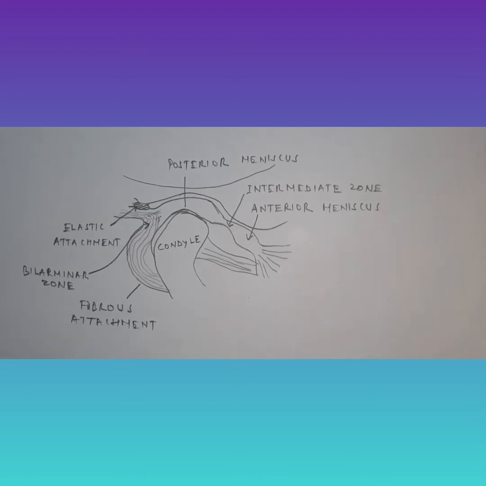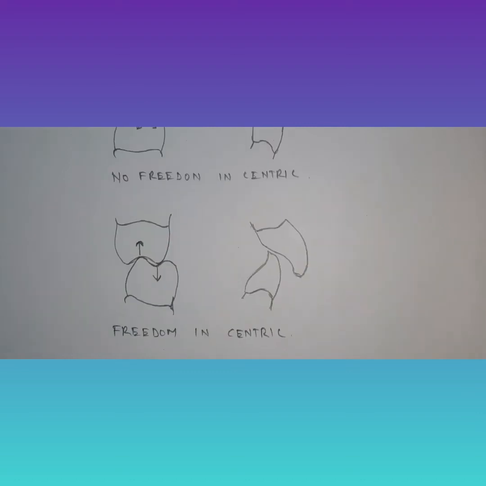Next is the freedom in centric. Now, what do you mean by freedom in centric? Sometimes it is also called long centric, although freedom in centric is the most appropriate term. Freedom in centric is when the mandible is able to move anteriorly for a short distance in the same horizontal and sagittal plane.